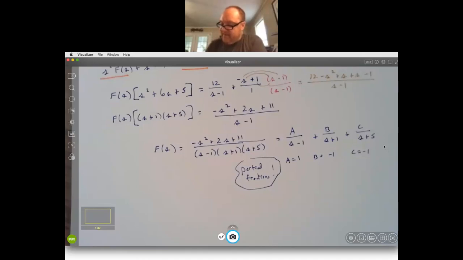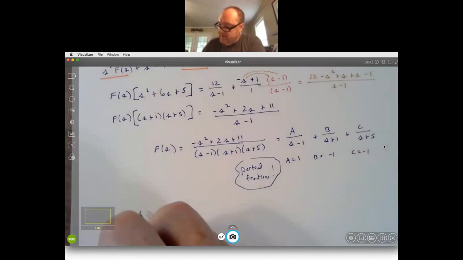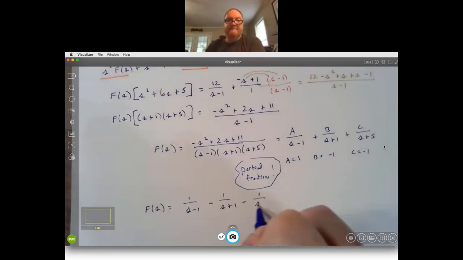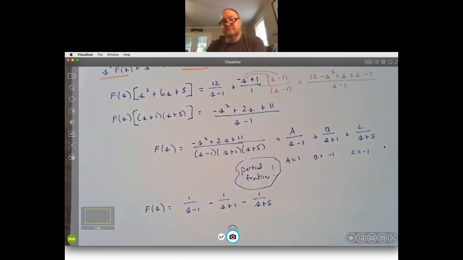So we have then that our function looks like 1 over s minus 1 minus 1 over s plus 1 minus 1 over s plus 5. And I can transform each of those back.